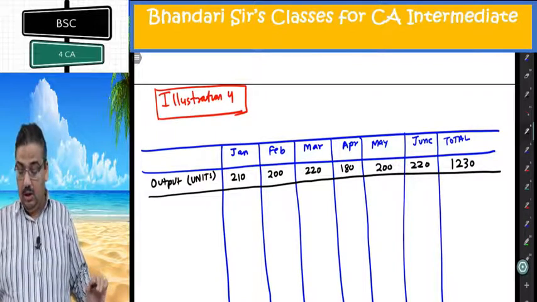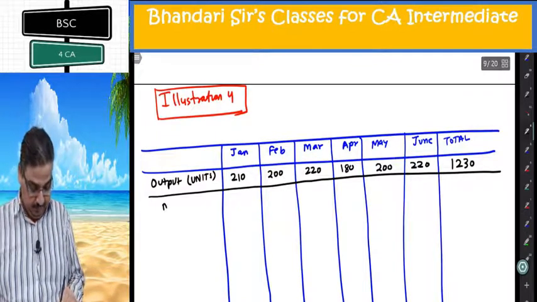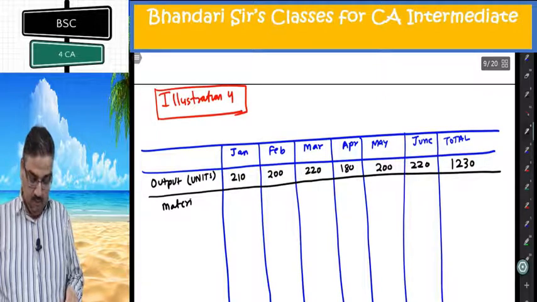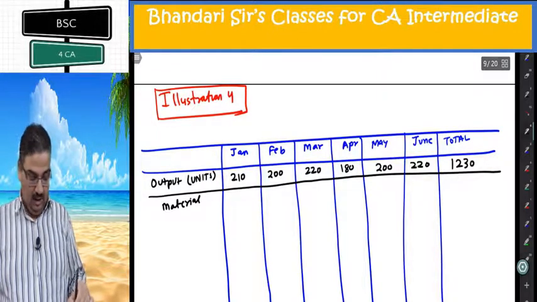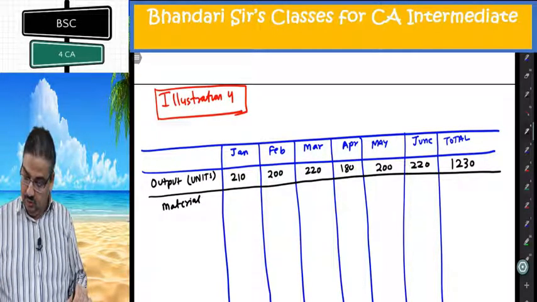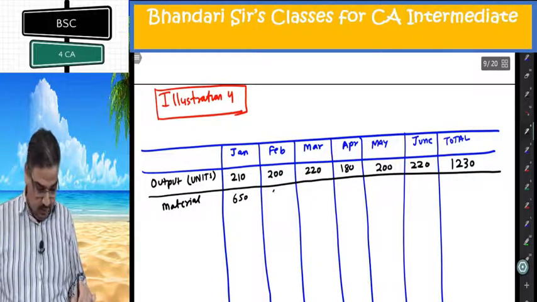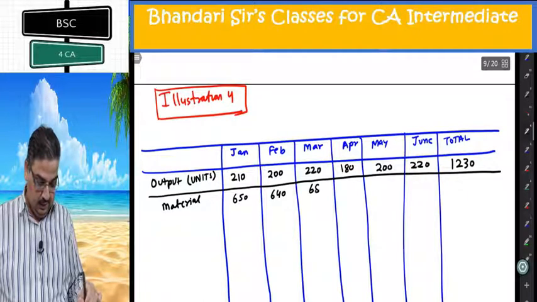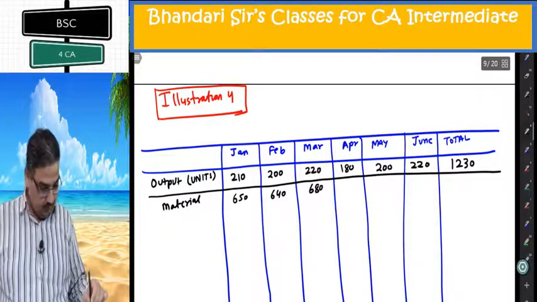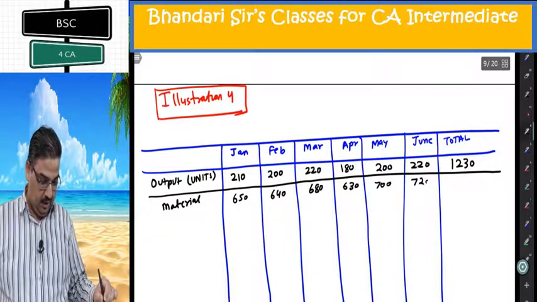Let us put all the cost which is given there. Material cost, it is all given. I have to just add to get aggregates. It is 650, 640, 680, 630, 700, 720.